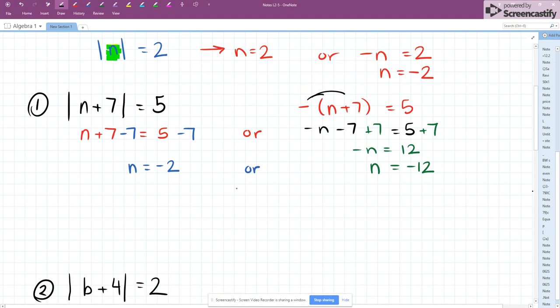So your solution set is -2, -12. And just like before, fancy brackets are nice, but if you cannot make the fancy brackets, do the best you can, throw some squiggles down. So -2 and -12 are the answers.